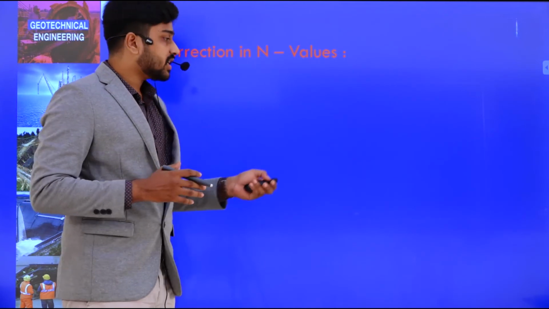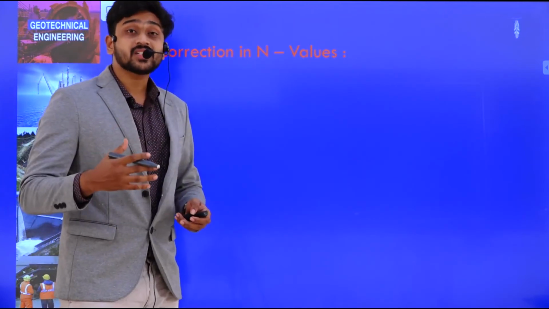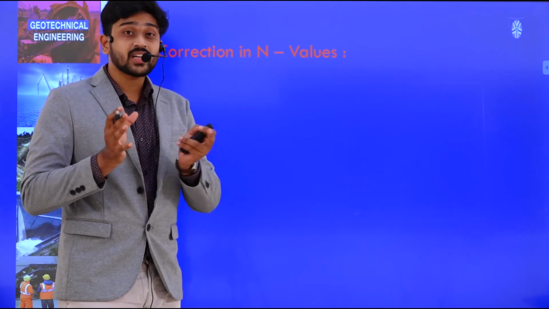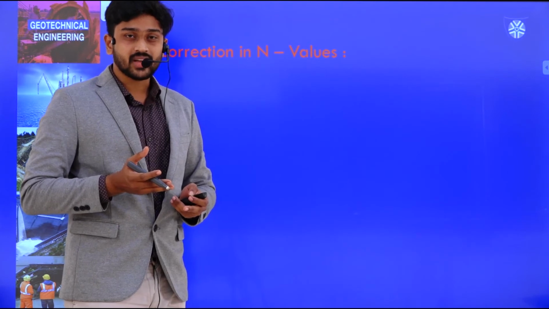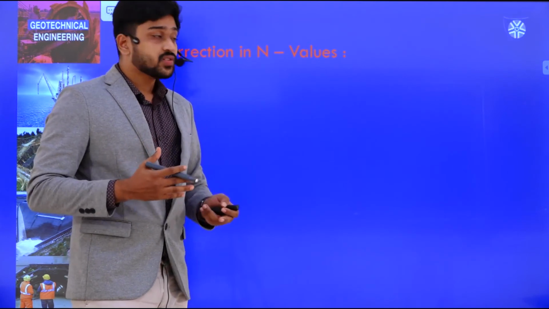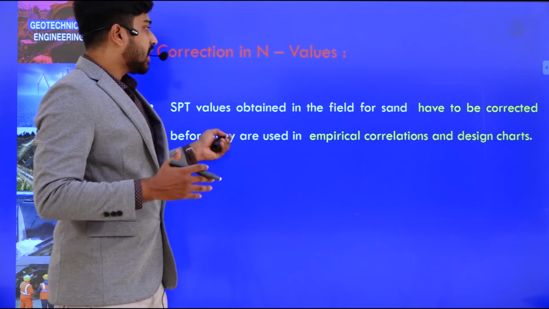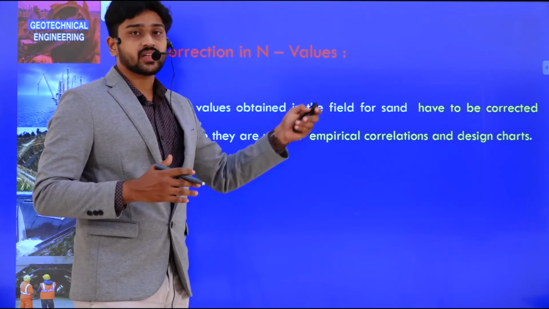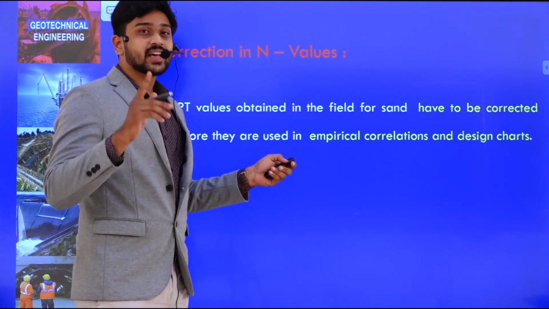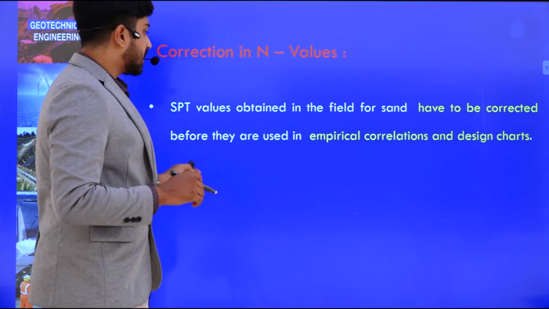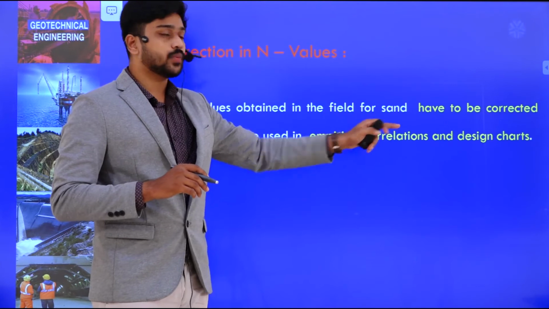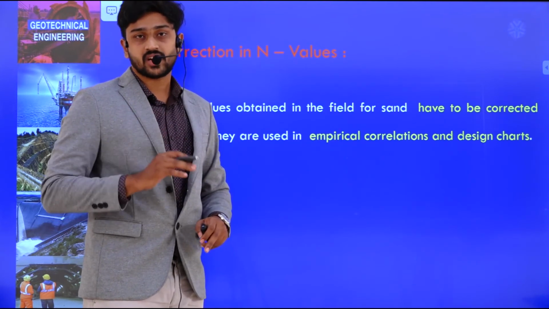That is why there must be certain corrections considering the surrounding soil as well as the overburden soil that is present. As I have stated, these have to be corrected, but this generally applies to cohesionless soils, for example sand. So empirical correlations have to be applied based on certain design charts also.